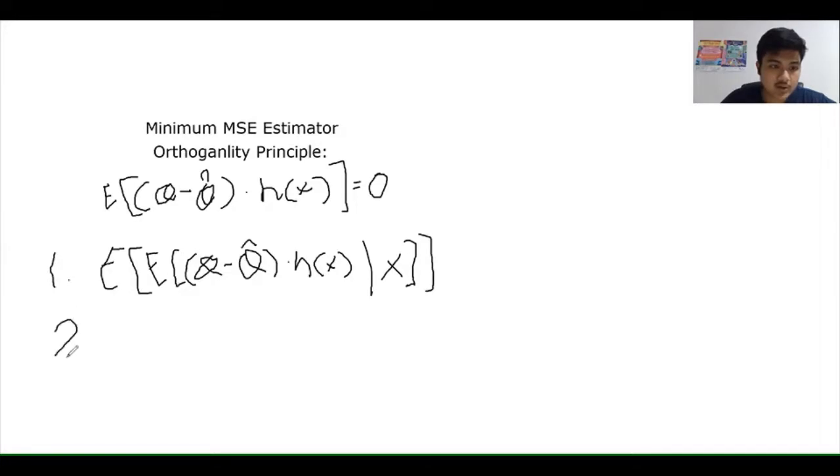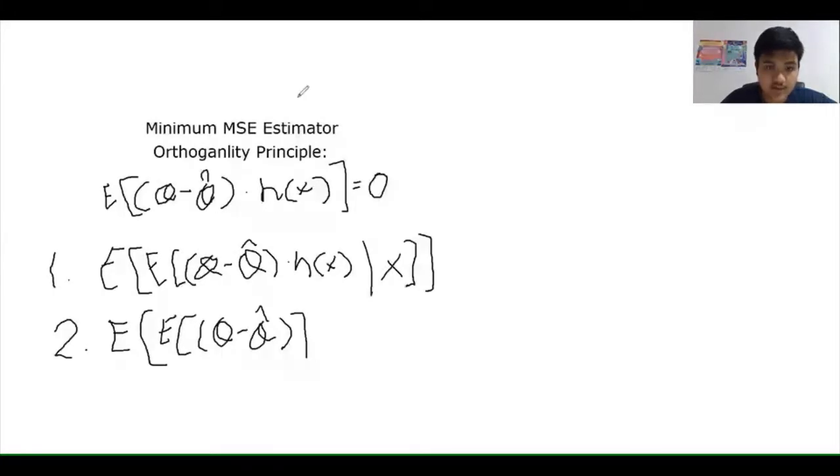Now we do the second step. We can simplify by taking the function h(x) out first, so the estimation error is still the same. Wait, some mistakes here.